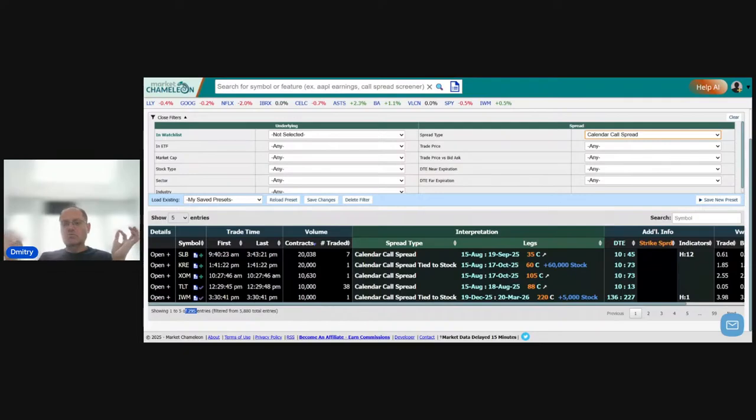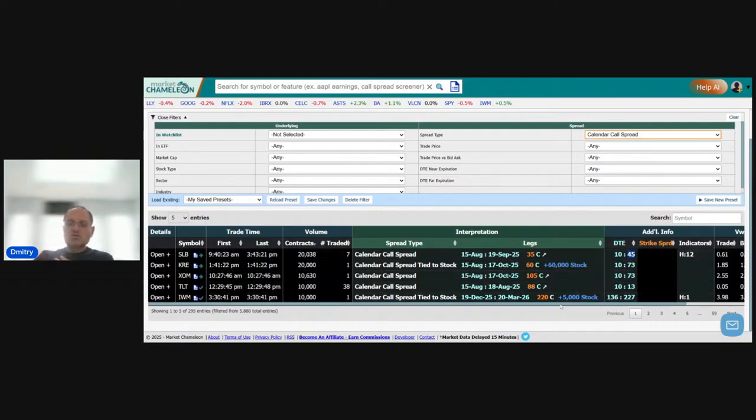You're buying one, selling another, on the same strike, same option type, but different expirations. So they both are 35 strike calls, but one leg is on August 15th, the other September 19th. You can see the near term has 10 days to expiration, the longer term has 45 days to expiration.